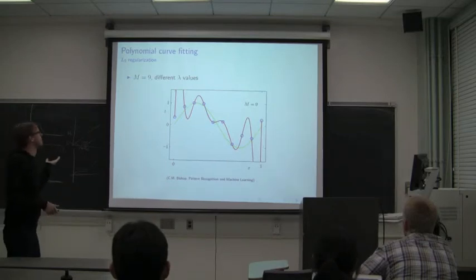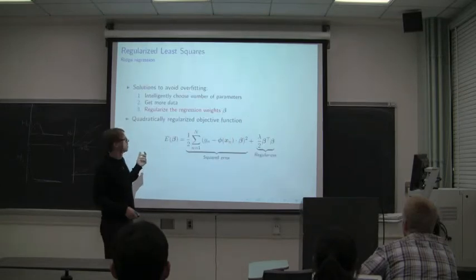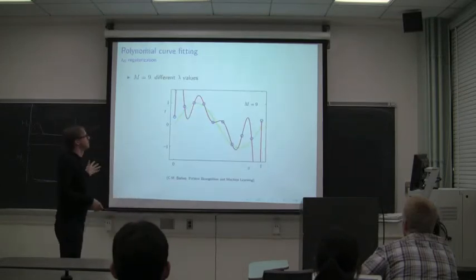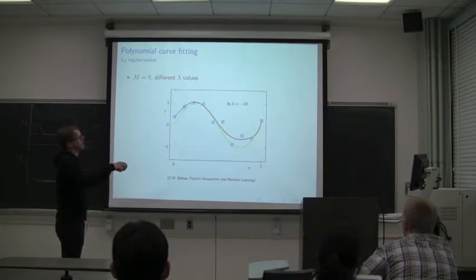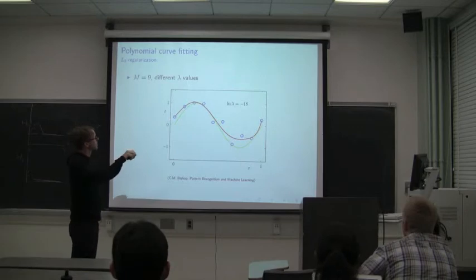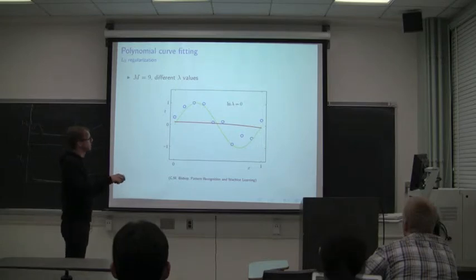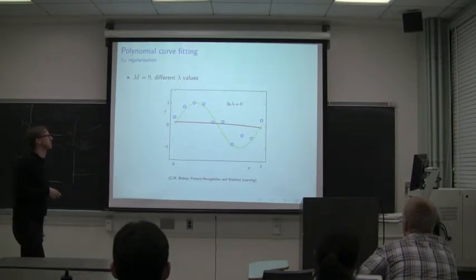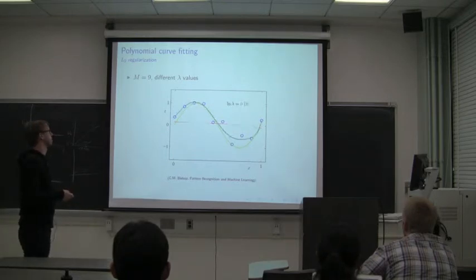Now, if we compare different lambda values, this is lambda equals 0 as before. If we set log of lambda to minus 18, we get something like that, each time keeping the 9 basis functions the same. If we set log lambda to 0, we get something like that. So choosing this parameter lambda is really important.